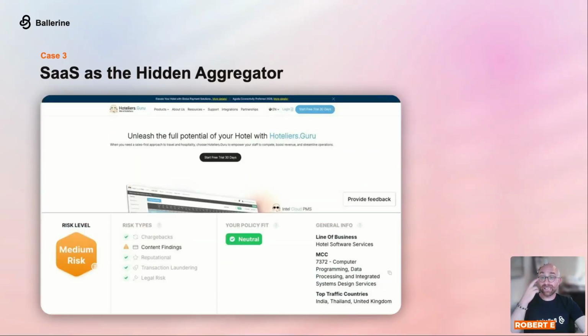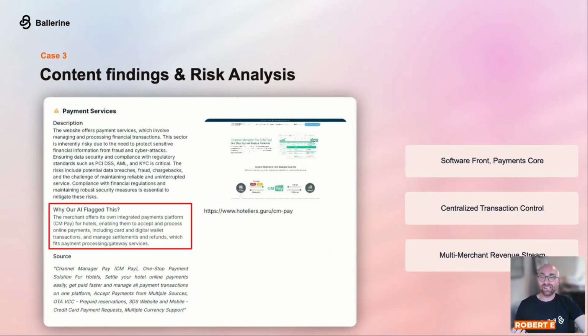It would look like something, again, this is hotel software services. So in general, it might be onboarded and look like an MCC that has to do with technology because they're a SaaS platform. But in reality, they're touting that they can integrate into payment flows and allow you to accept and process online payments, including card transactions, and manage the settlement.